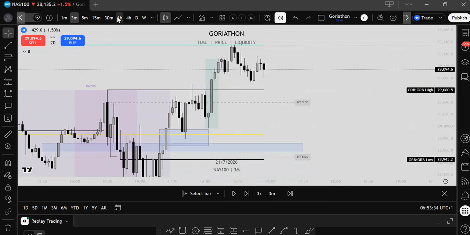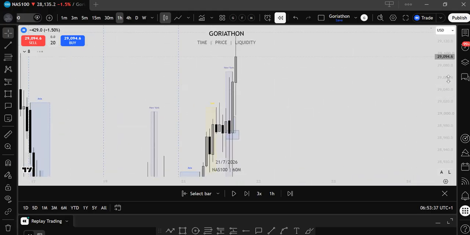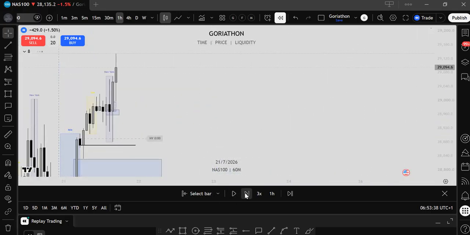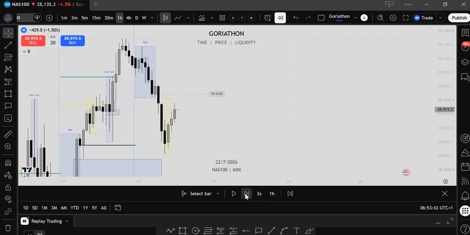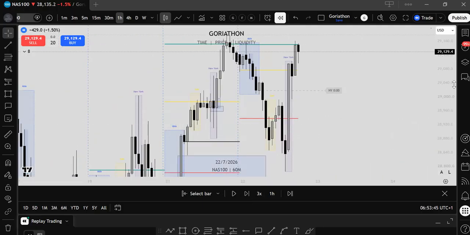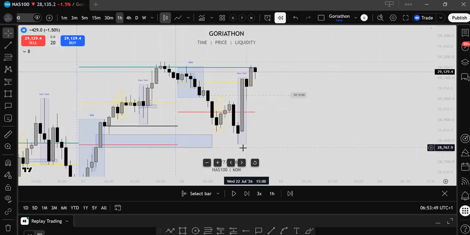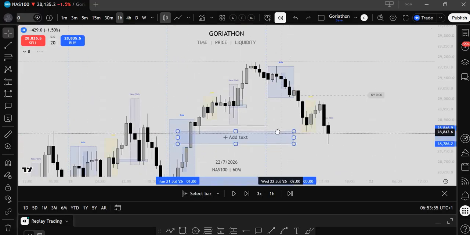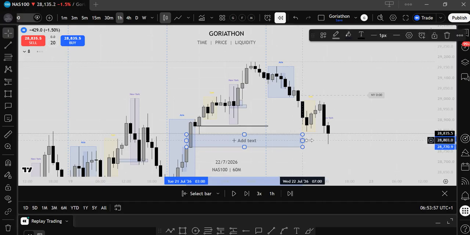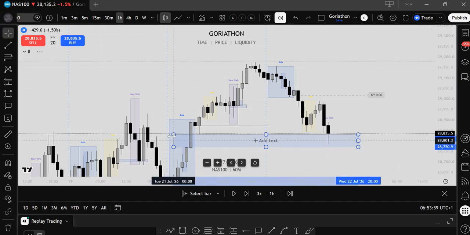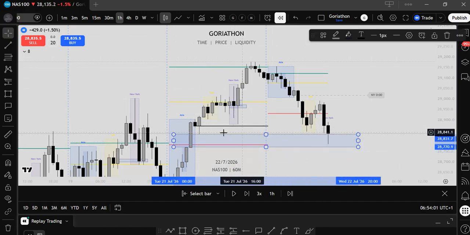Okay, so let's look at the next day now. Yeah, okay, so what do we have here? Just mark the key levels, and this is reacting at this fair value gap, which we marked on the previous day, right?